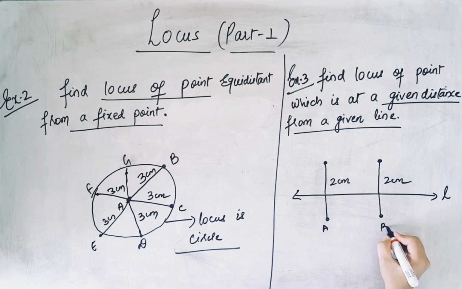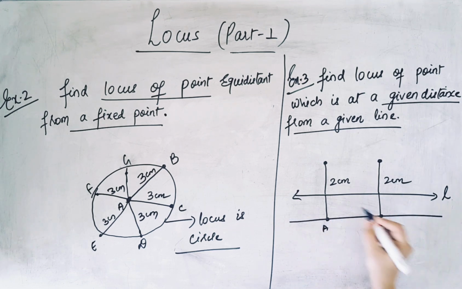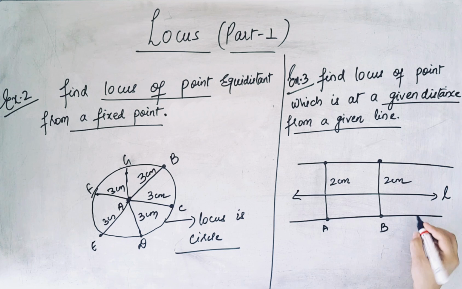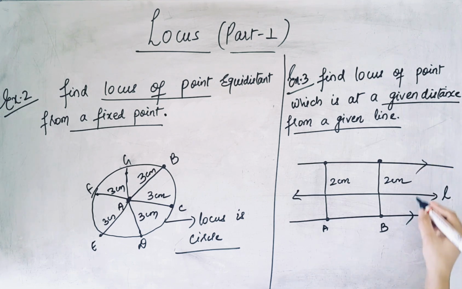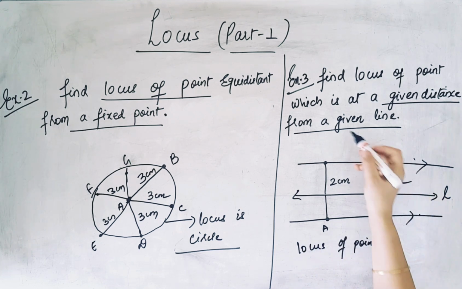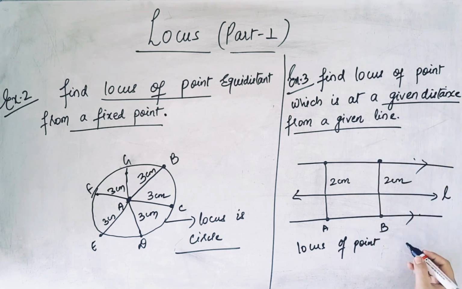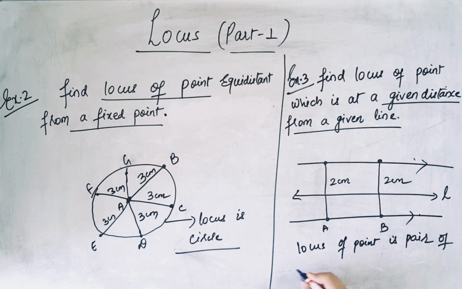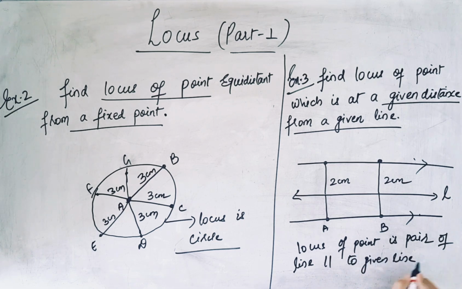So it can be here also, it can be here also. These points are A, B. I'll join these. I'll join this also. Hence, जो मुझे ये lines मिली, that will be all what? Parallel. So here I can write: the locus of a point which is at a given distance from a given line is a pair of lines parallel to the given line.